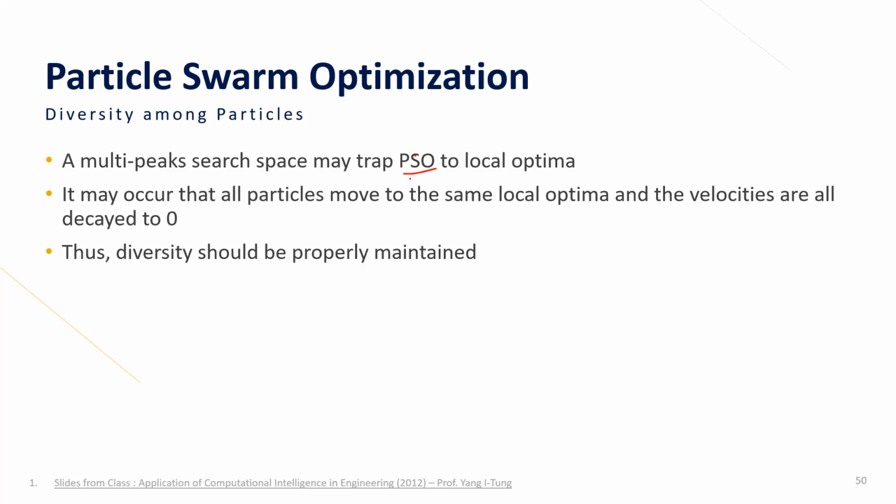Sometimes PSO has a tendency to converge to only one point, and sometimes it is also fooled by the topography of the solution. The algorithm thinks that this is the best one, but actually there may be another one that is better, and this is normally called being trapped in local optimum.